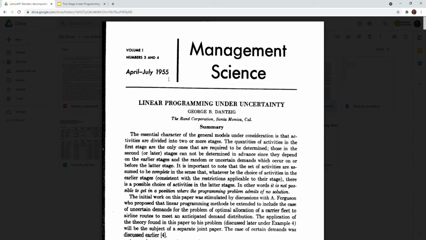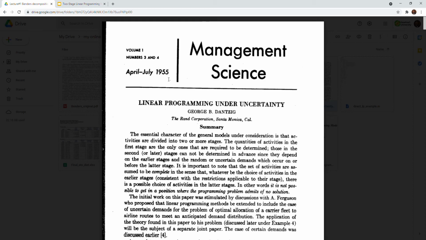As time passed for 8 years, the people who used linear programming and solved it by the simplex method started to realize the limitations and problems of solving many types of linear programming problems.